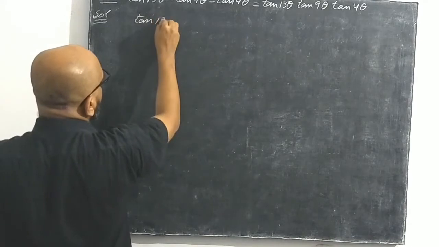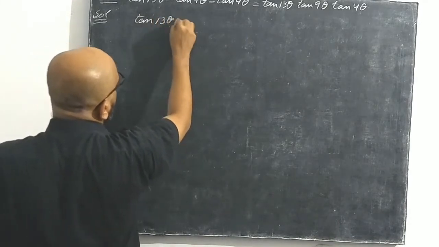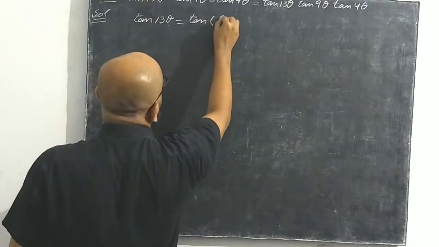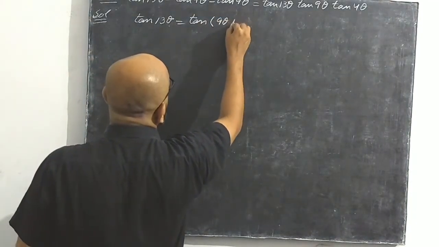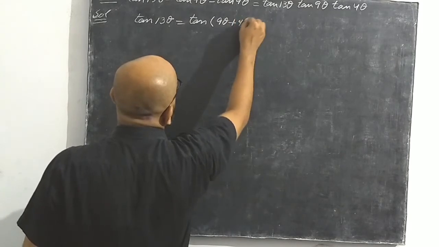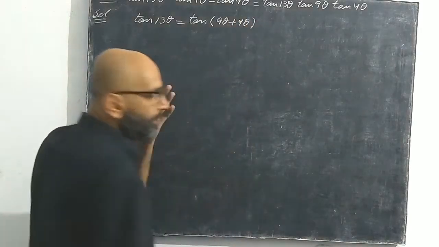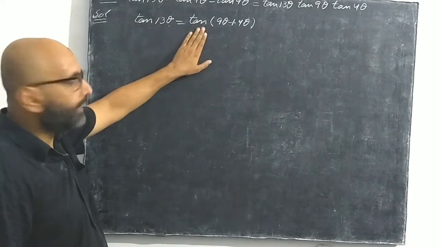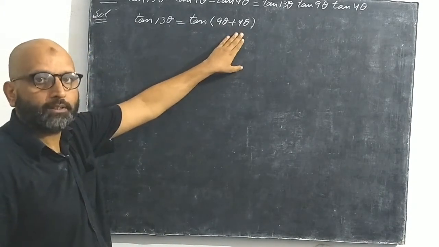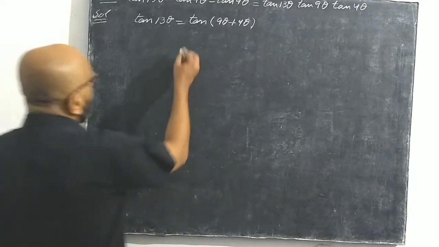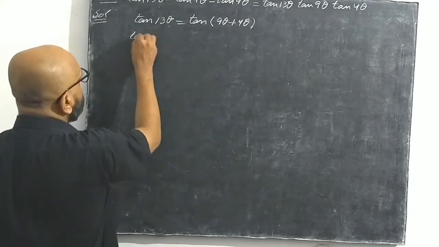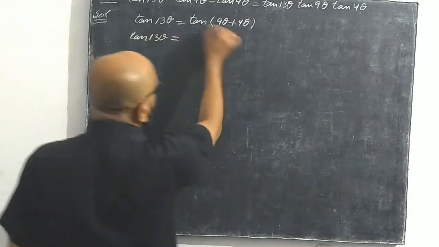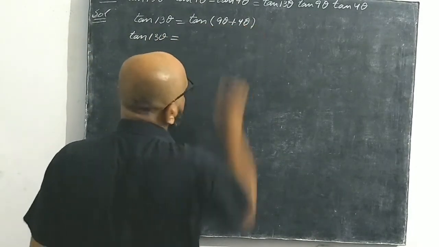As we know well, tan 13 theta may be written as tan of 9 theta plus 4 theta, because 9 plus 4 is equal to 13. So tan 13 theta may be written as tan of 9 theta plus 4 theta. Now here, tan 13 theta as it is, on the right hand side we may use the tan A plus B formula.